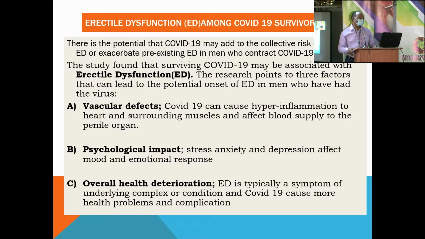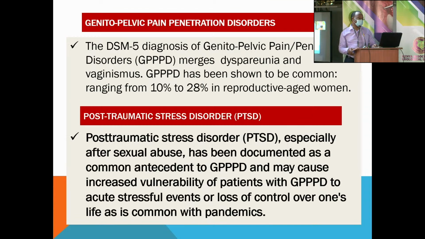Now, there's also the genitopelvic pain. This is basically more common in women, about 10 to 28%, but less common in men. Post-traumatic, these are people who have gone through some trauma as a result of sexual abuse. But when we look at the studies that were done and their focus, we noted that during COVID-19, there was a presence of anorgasmia and erectile dysfunction.